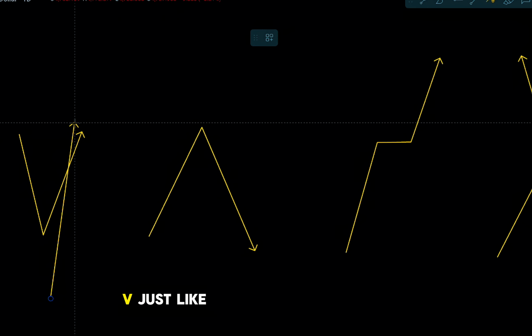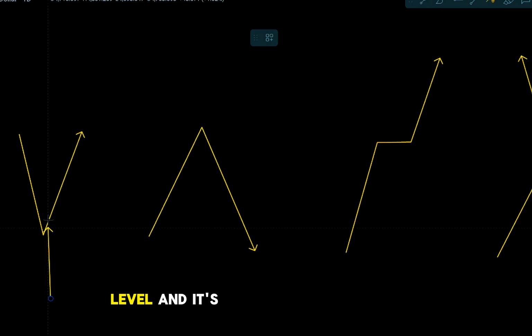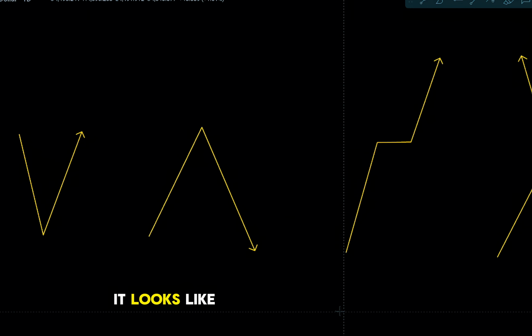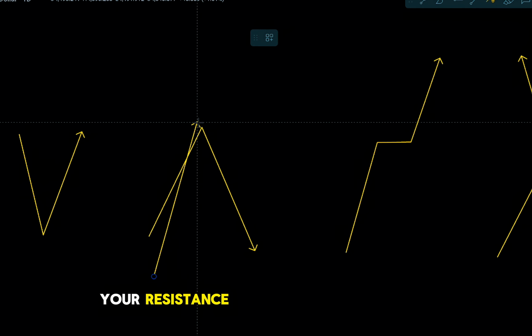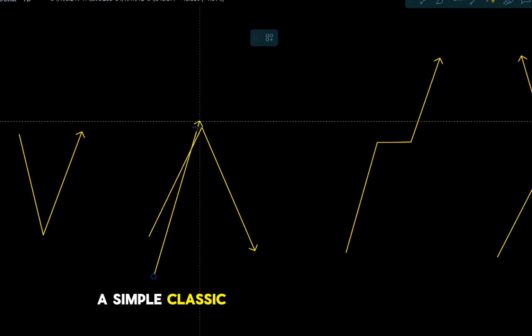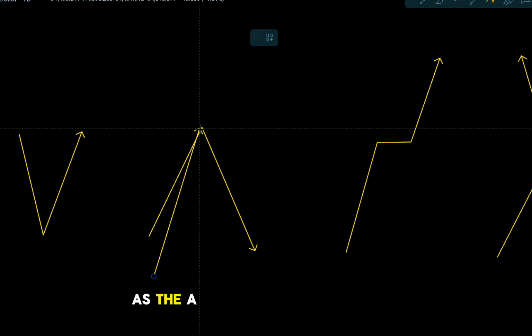It's like a V, just like something like that. So when you see any V like this, it's a support level and it's a V level. We have this, which is the A level because it looks like an A, and this becomes your resistance, and this is also a classic level, a simple classic level, which you can just refer to as the A level.